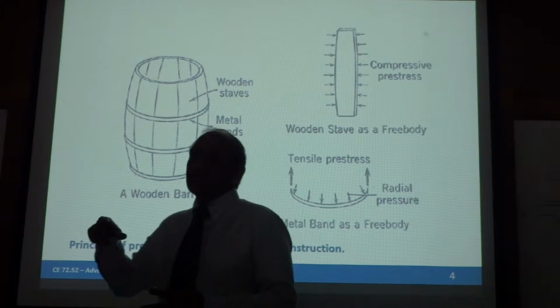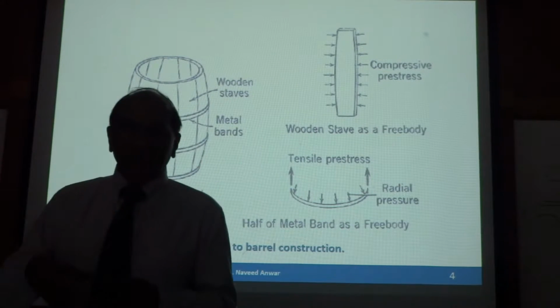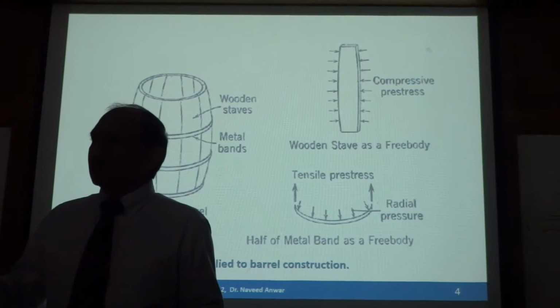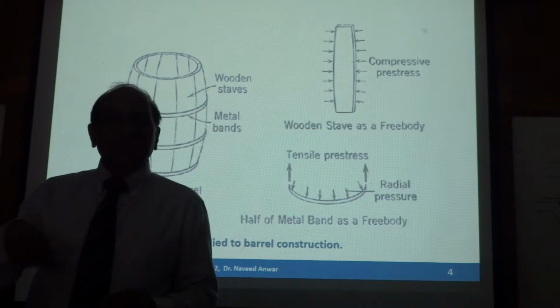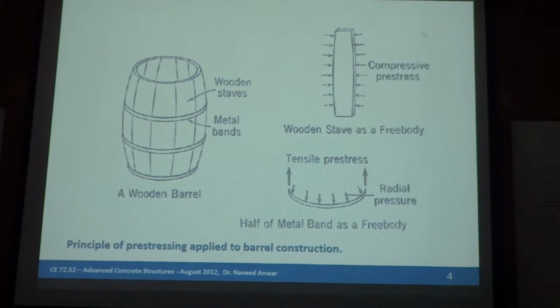So this is the oldest way: beer barrels. They want to store beer in the barrel and they make it good and it leaks. So to prevent the leakage, they put straps around it and then tighten it. So it becomes pre-compression.